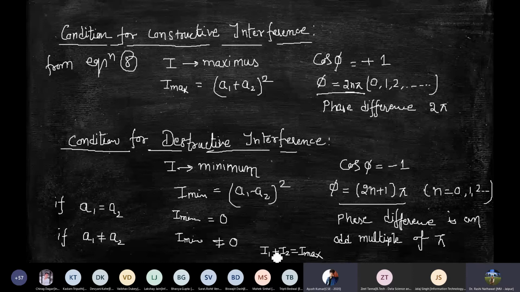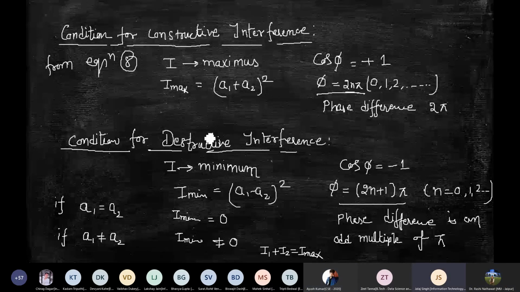In which case, constructive or destructive? Ma'am, for constructive we can write I1 plus I2. No ma'am, Imax will be the bracket of root I1 plus root I2 whole square.